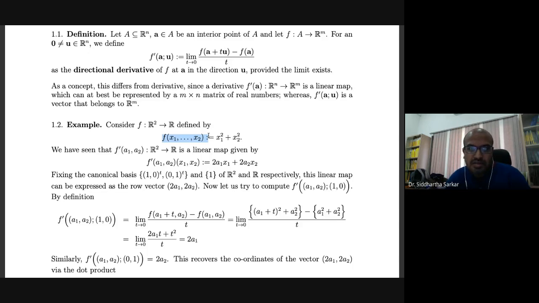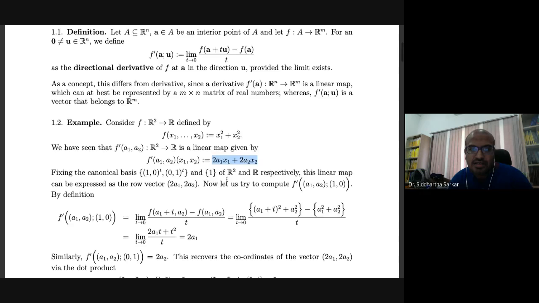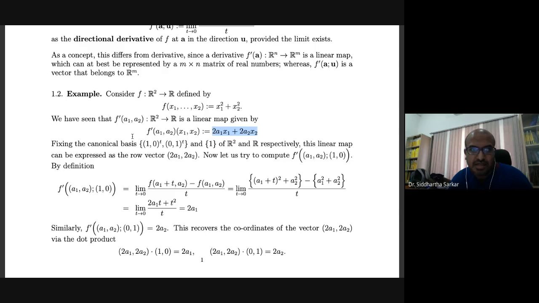In this example, generalized for x1, x2, up to xn, you have computed the derivative at a1, a2, up to an. The derivative is a linear map which sends the vector x1, x2, up to xn to 2a1 x1 plus 2a2 x2 plus up to 2an xn. So this is already coming from that exercise.